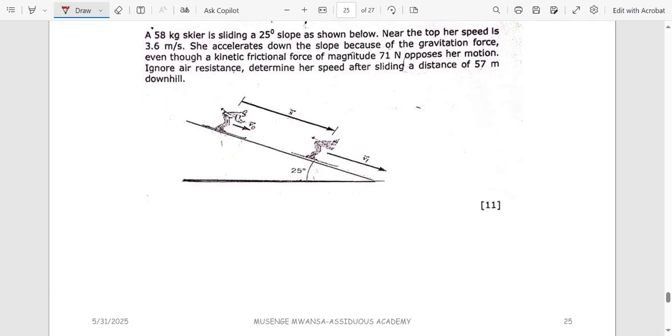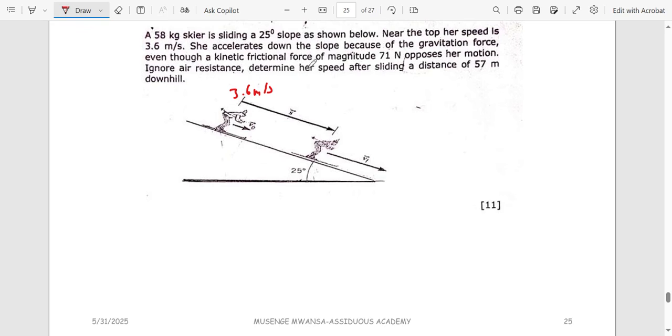The next one is saying a 58 kg car is sliding down a 25-degree slope as shown below. Near the top, her speed is 3.6 meters per second.